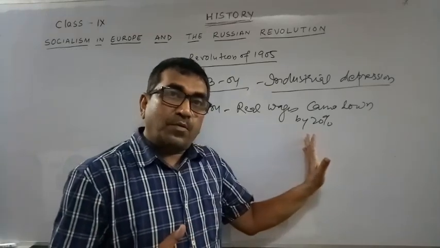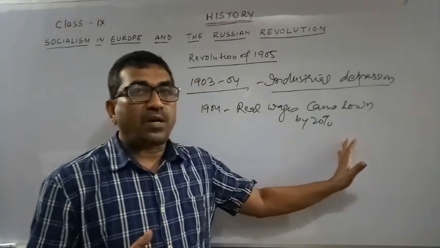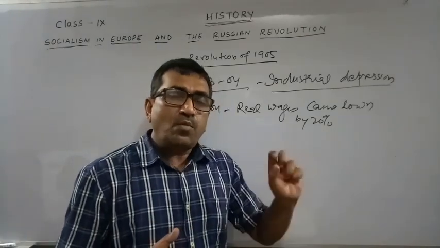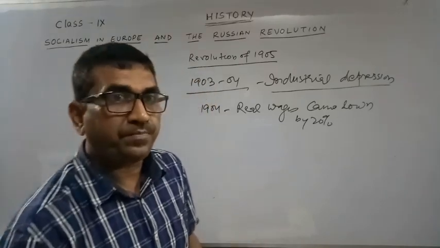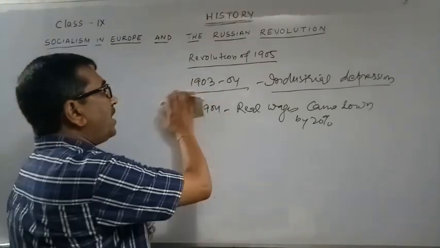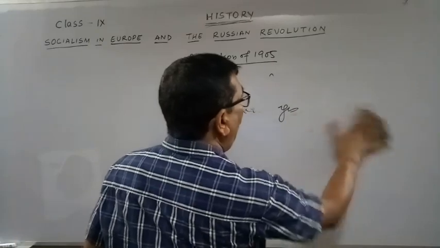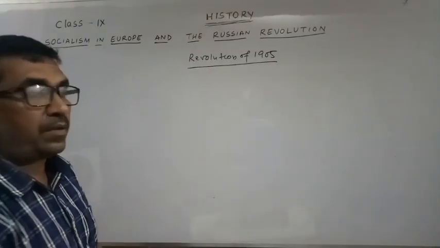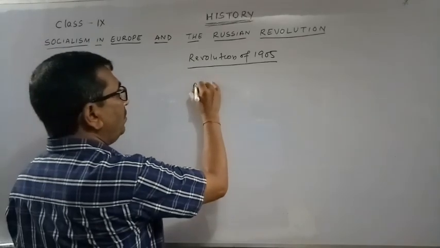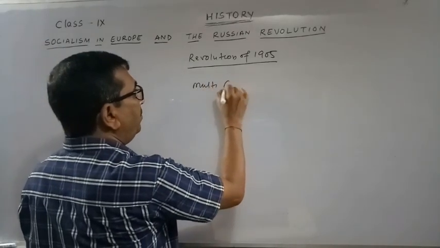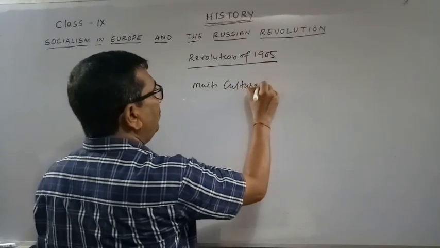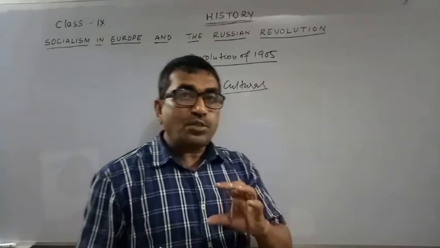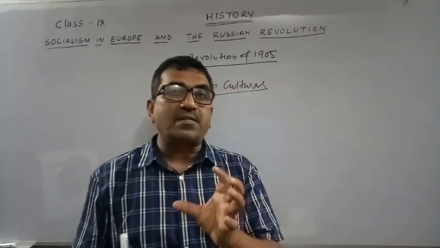After the industrial workers and the peasants, one more thing that we have to keep in mind: Russia is a country of multicultural, multi-ethnic society, because people belonging to different religions were living there.